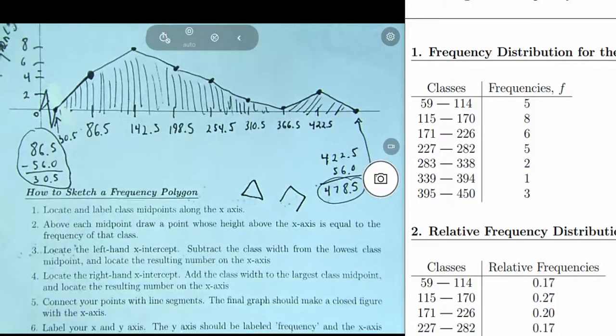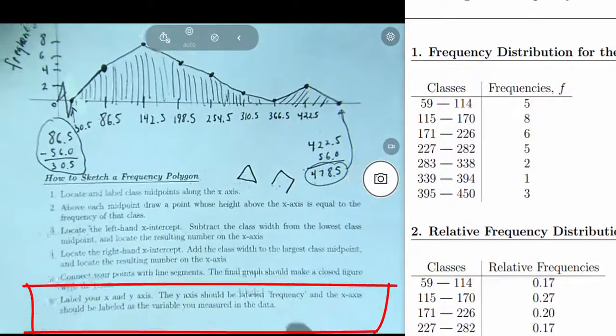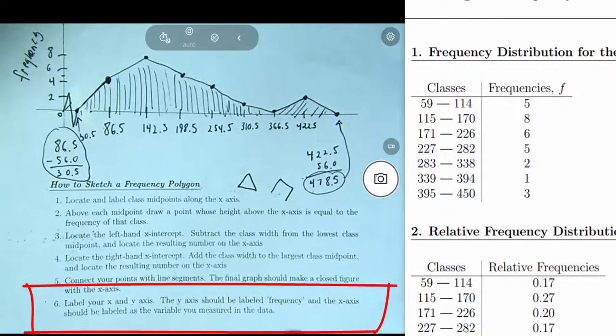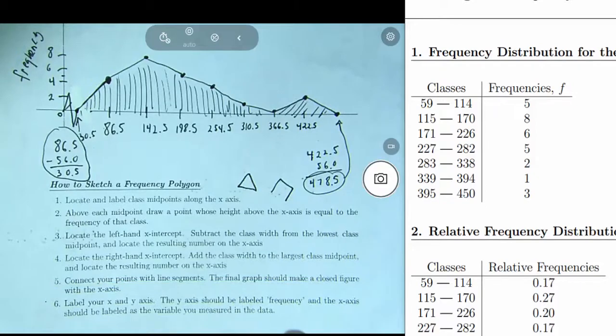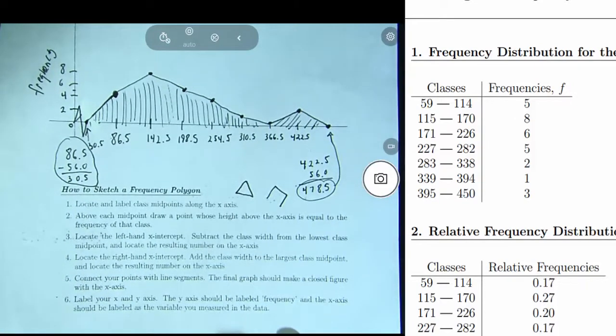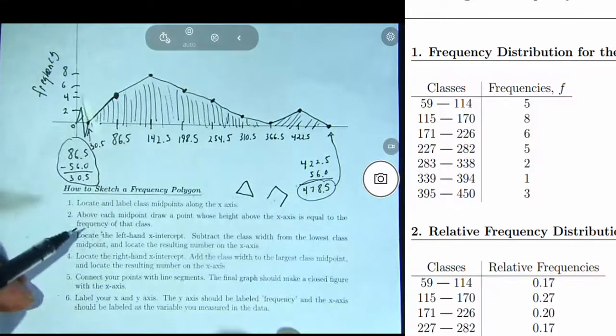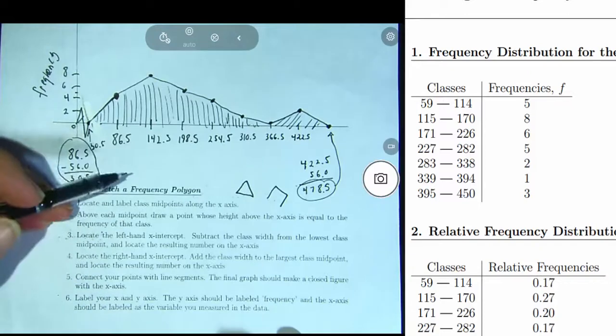Don't forget at the very end to label. Don't forget to label your x and y axis, okay? And don't just simply label your x-axis midpoints, which I see a lot of students do. The correct way to label your x-axis is to let your reader know what variable you're graphing.